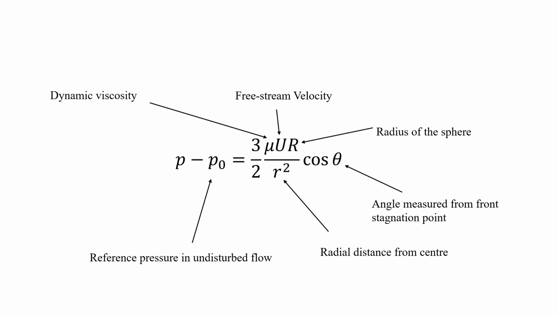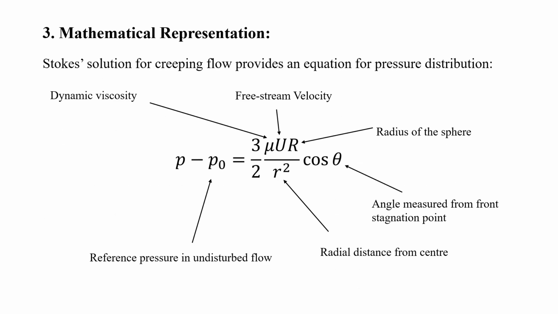Mu is the dynamic viscosity. U is the free stream velocity. Capital R is the radius of the sphere. Small r is the distance from the sphere's center. Theta is the angle from the front stagnation point.